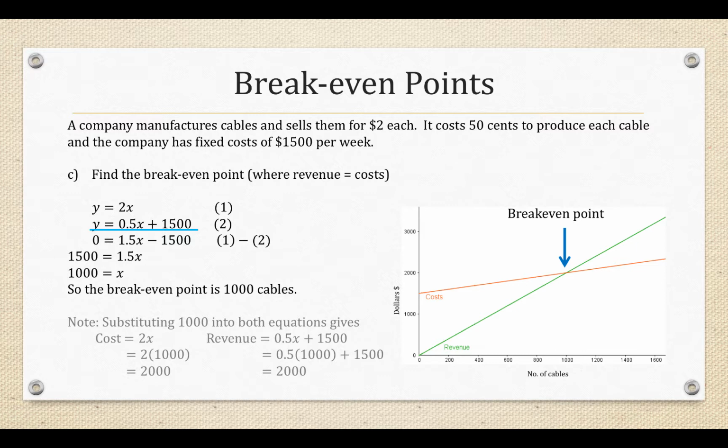We substitute 1,000 into the revenue equation, and again we get $2,000. So the revenue is equal to the cost, which equals $2,000. So the break-even point is 1,000 cables, or $2,000.